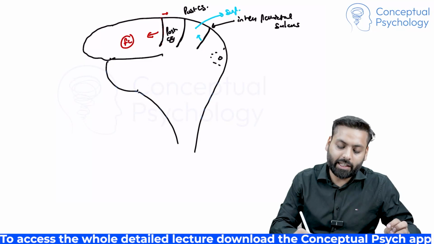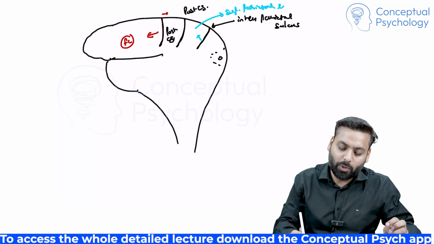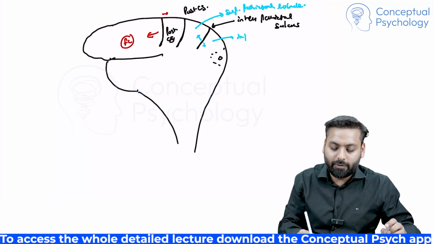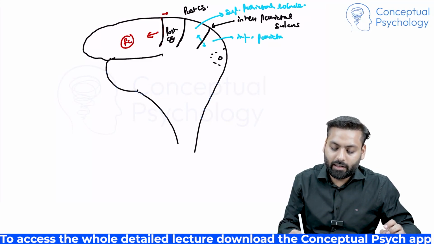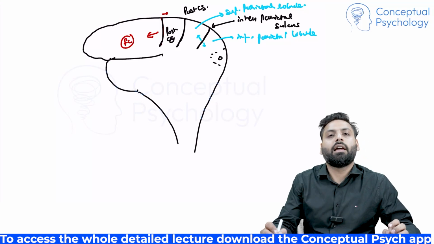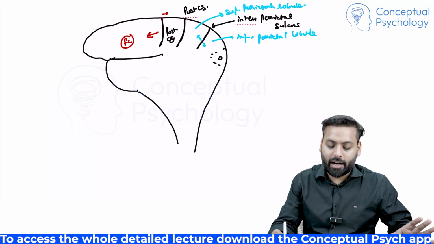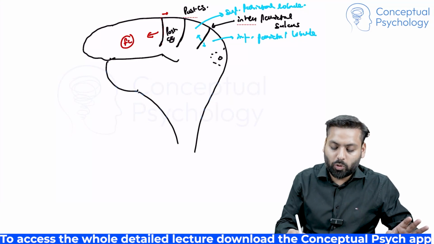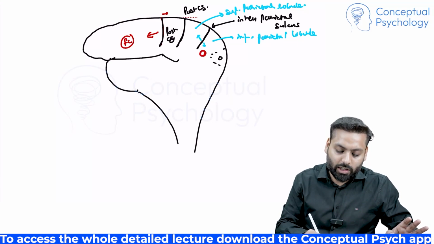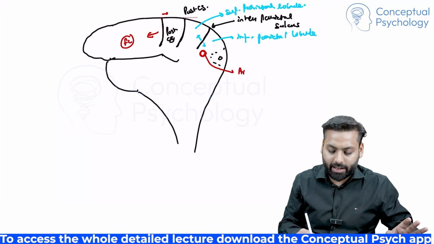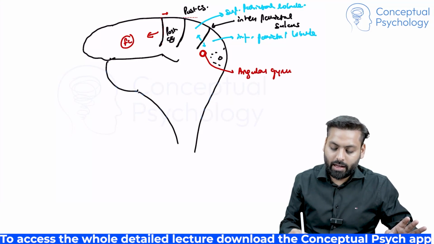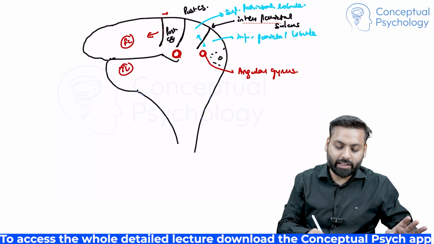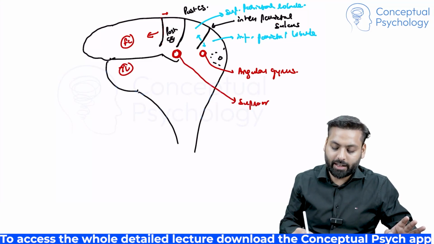We have the superior parietal lobule, and on the inferior part, we have the inferior parietal lobule. Understood. Now I told you to remember two more areas. One area was closer to the occipital lobe, this was the angular gyrus. And the other area was closer to the temporal lobe, named the supramarginal gyrus.